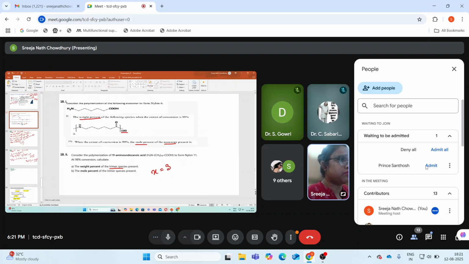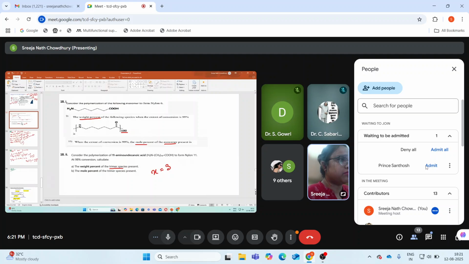And for non-linear step polymerization, where the functionality is greater than 2, not equal to 2. Let's say one monomer has functionality 3, the other has 2. Then the average functionality will be 2.5, and this will lead to non-linear polymerization, because greater than 2 functionality leads to cross-linking or branching of the system.